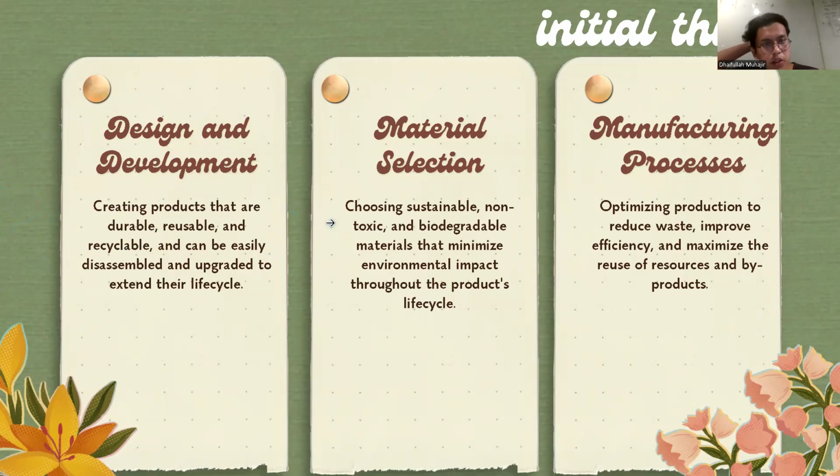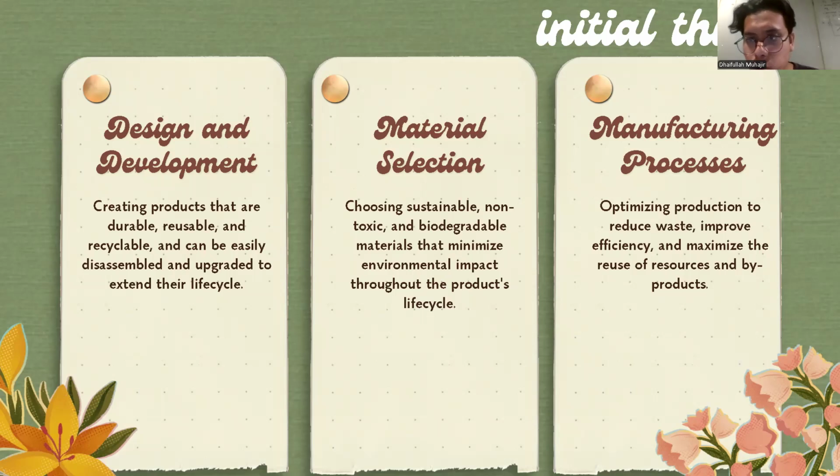The second one is material selection, which is choosing sustainable, non-toxic, and biodegradable materials that minimize environmental impact throughout the product's life cycle. The material that we use plays a big role and affects so many aspects of circular economy in engineering.